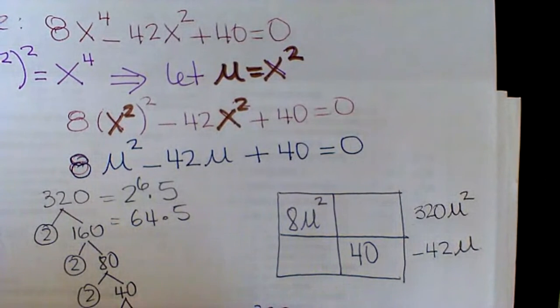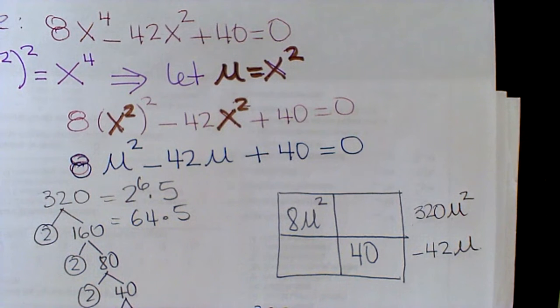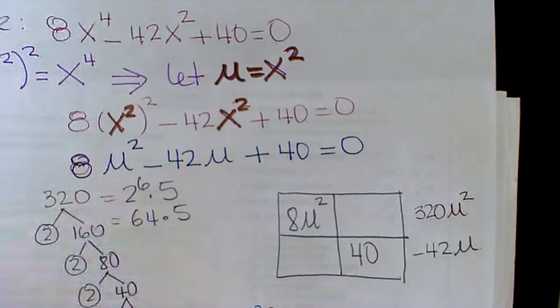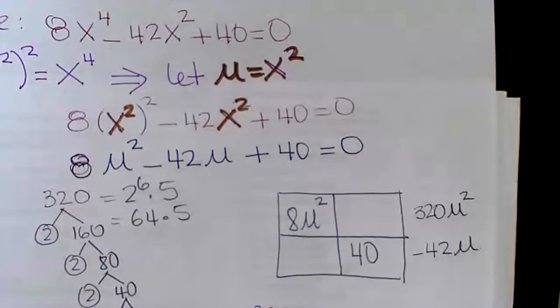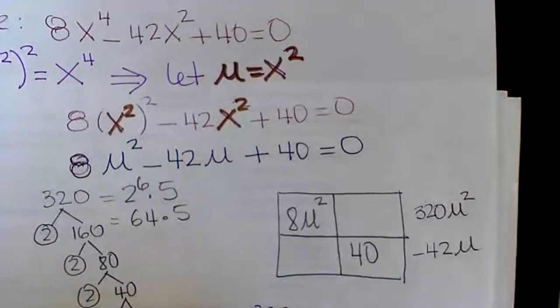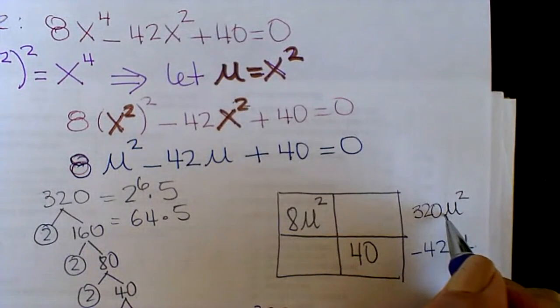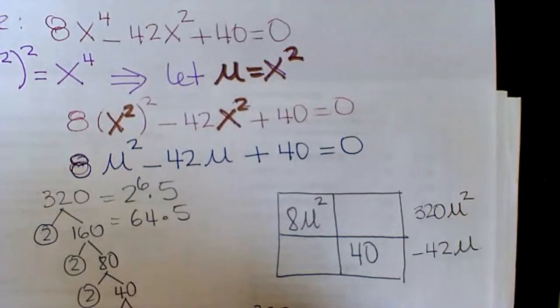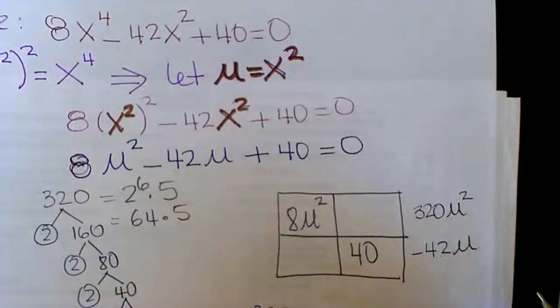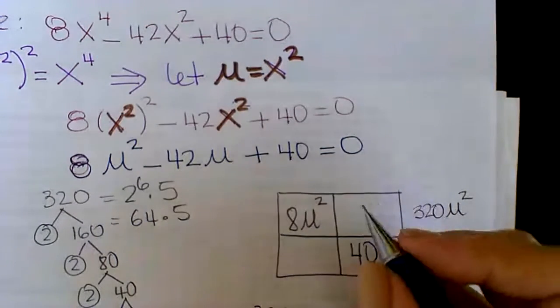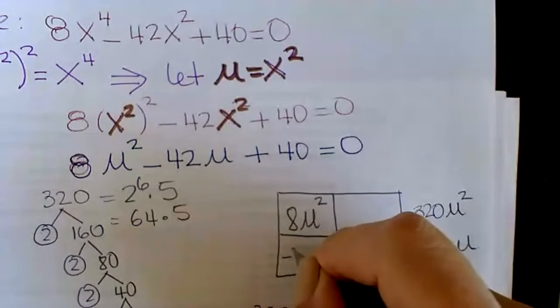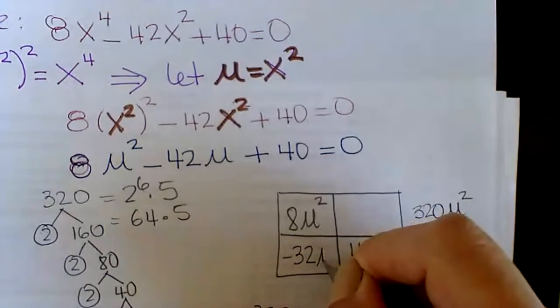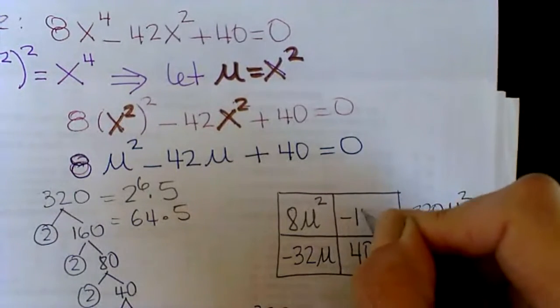Oh, if they both are negative, because 32 plus 10 is 42, negative that would be. And I didn't need to do all of this, right, guys? If I multiply it, I get positive 320, and if I add them, I get negative 42. Yes, so let me do that. Good job. 32u, and this is negative 10u.